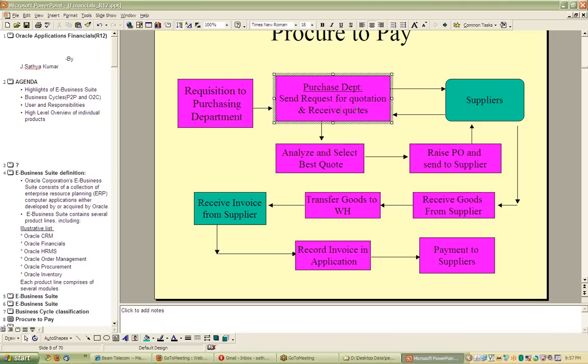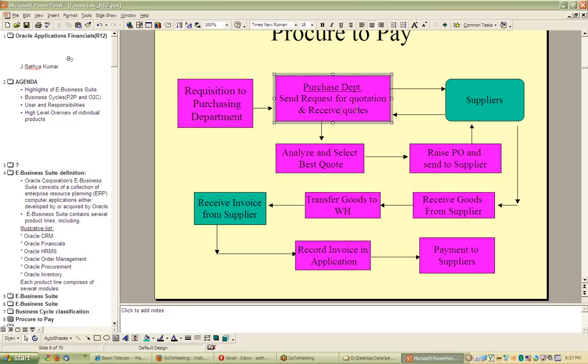This purchase order is an agreement between the operating unit, I will be using the term operating unit, which is nothing but the Toyota industry where the parts are required to be procured, and supplier B for purchase of say 10 units of engine parts at so and so price. Got it? So now the supplier will receive the purchase order and supplier B is happy.